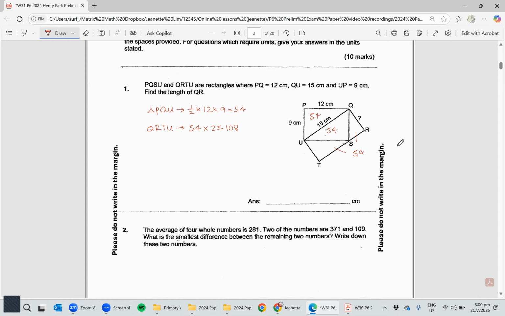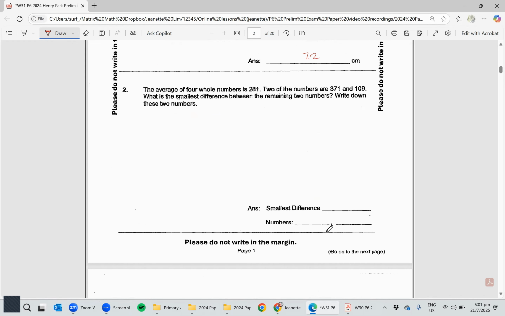Now, because the length of this rectangle is 15, to find the breadth QR, we take the area, which is 108, divide by the length, which you will get 7.2. 7.2 cm.